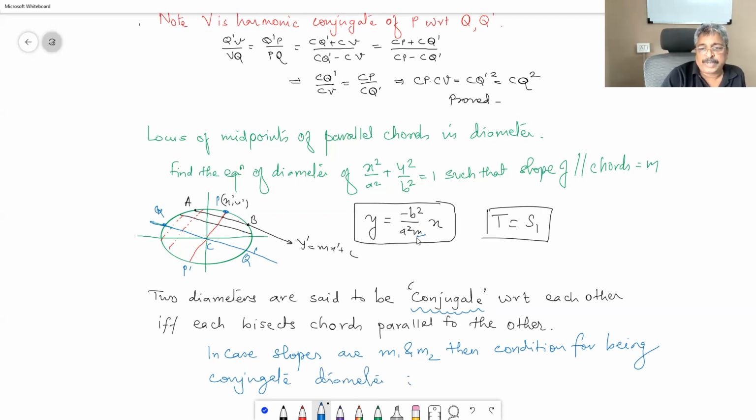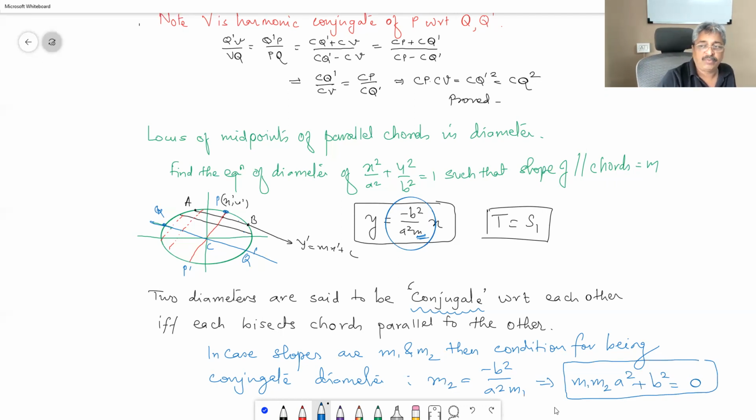If the slope of parallel chords is M, the slope of the diameter is minus B square upon A square M. So M2 is equal to minus B square upon A square M1, which makes it M1 M2 into A square plus B square is equal to 0.